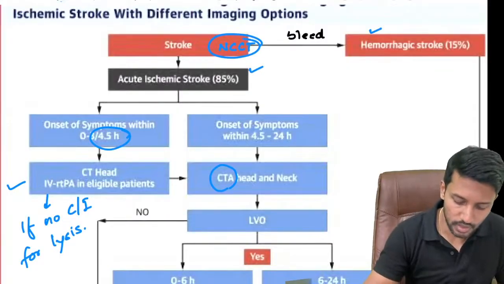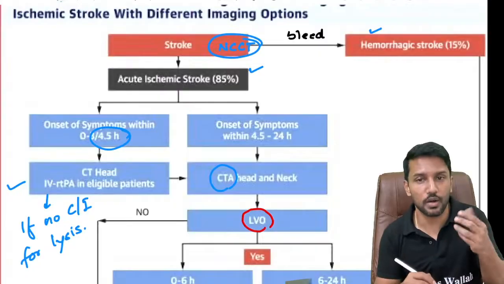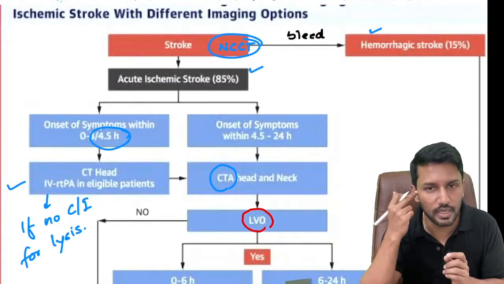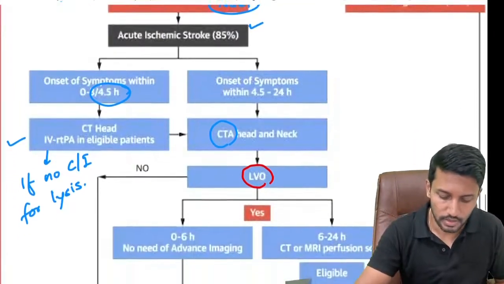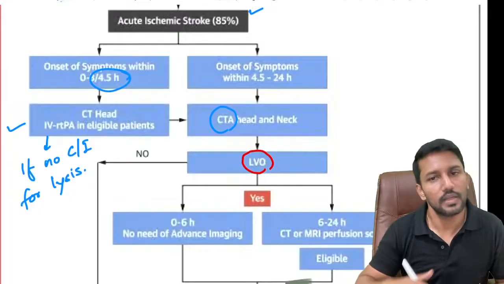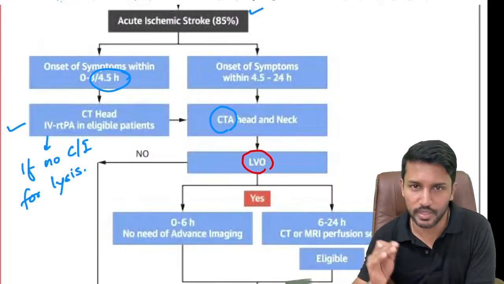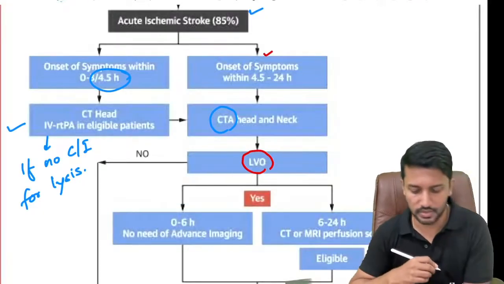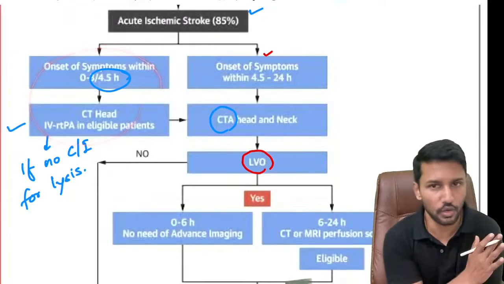Once the CT angiogram is done, if it shows that there is a large vessel occlusion, I have already told you what counts as large vessel: internal carotid artery, proximal part of the ACA, and the M1 segment of MCA. We count them as large vessel. So if there is a block, then we have to see whether we should also consider mechanical thrombectomy or not. And patients who presented after 4.5 hours, obviously, for them thrombolysis is not possible.